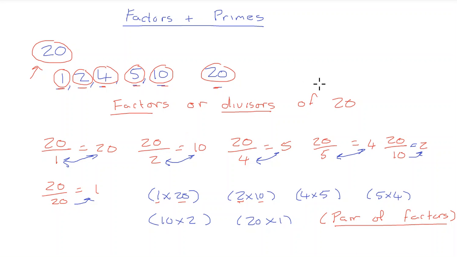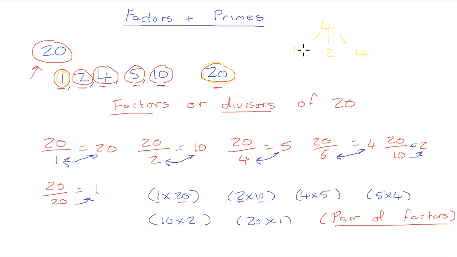Now, one thing that you'll notice as well is that every number has certain factors. If we think about the factors of 20, for example, you have 1 and 20. If you take the number 4, for example, what are the factors of 4? Well, 1 is going to be a factor, 2 is going to be a factor, 3 isn't, and 4 is.